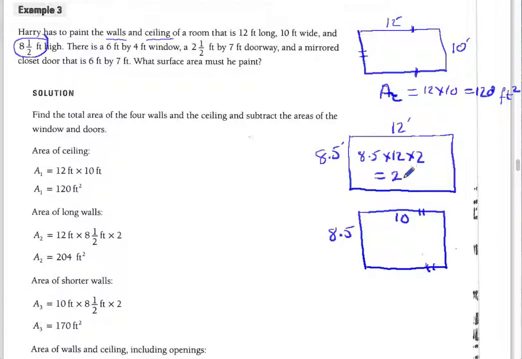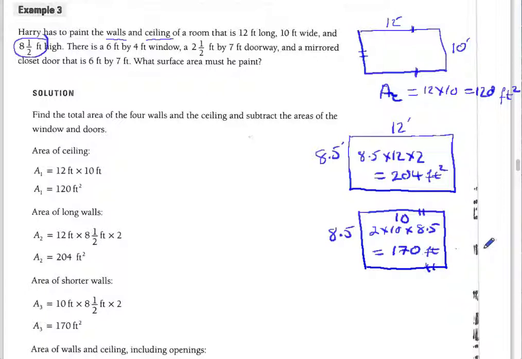Okay, so 204 square feet. And this one is 2 times 10 times 8.5, so that's 85 times 2. So what's that? That would be equal to 170, I believe, yes. 170 feet squared.